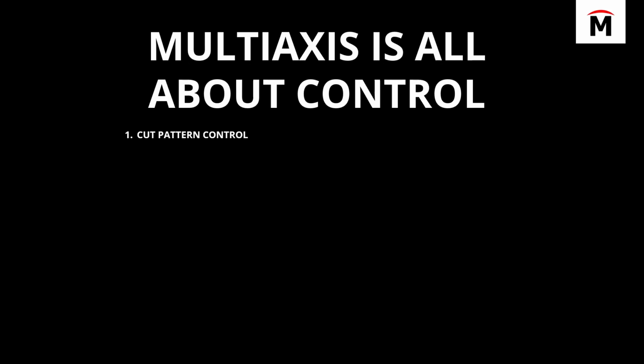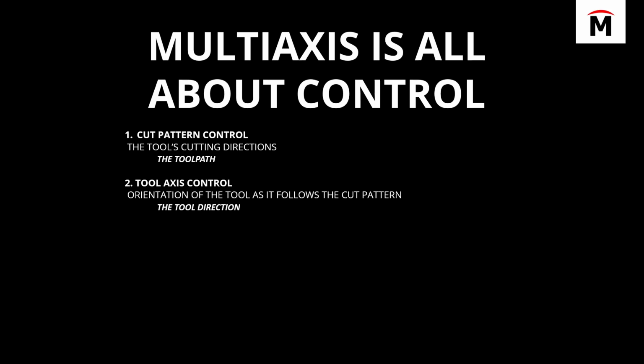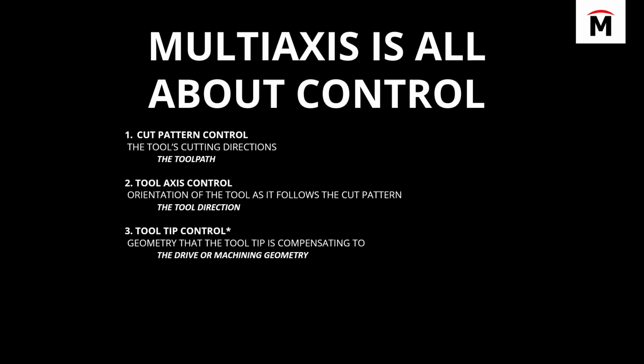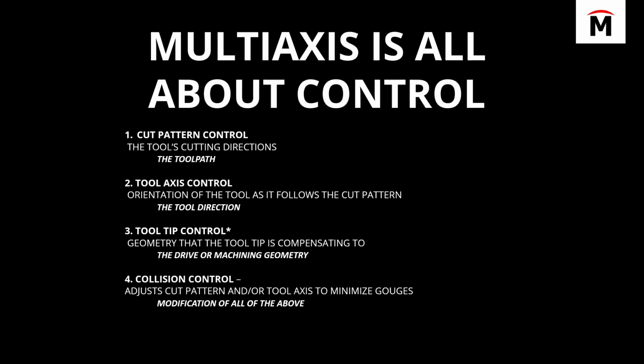We have our cut pattern control, the tool's cutting direction or the toolpath; tool axis control, the orientation of the tool as it follows the cut pattern, or what direction our tool is going to be pointing; tool tip control, the geometry of the tool tip that is compensated to, or the drive or machining geometry; and then collision control, which will adjust the cut pattern or the tool axis to minimize gouges, and it can modify all the above controls. And for best results, we try to create the multi-axis toolpaths in this order.